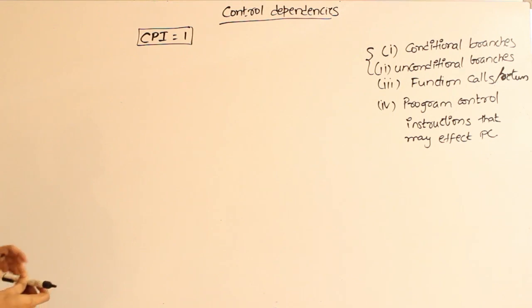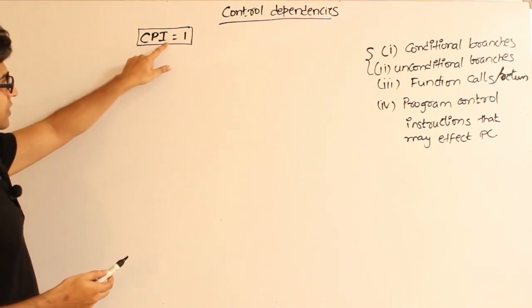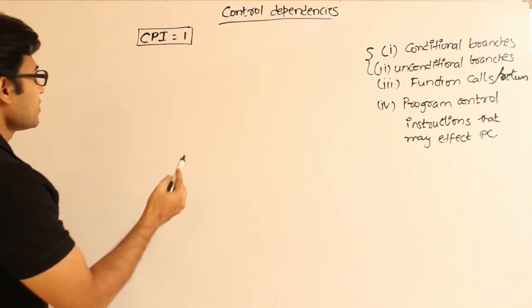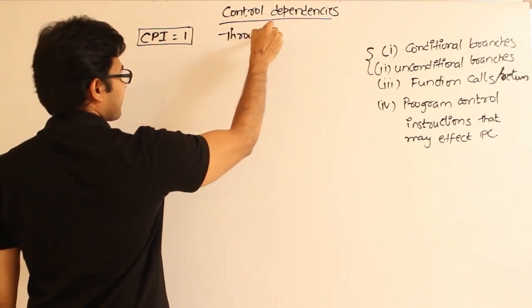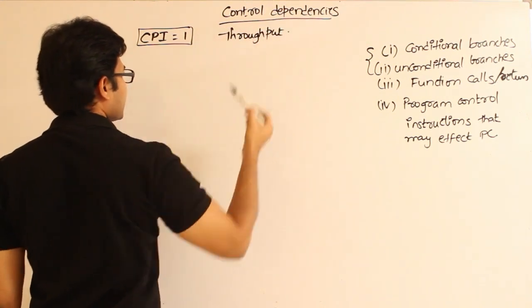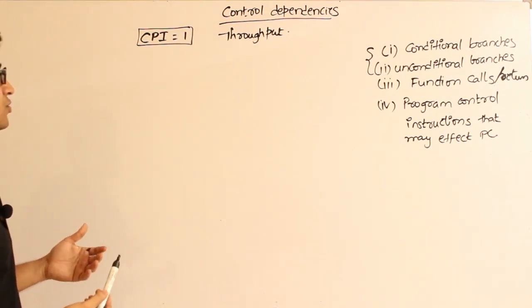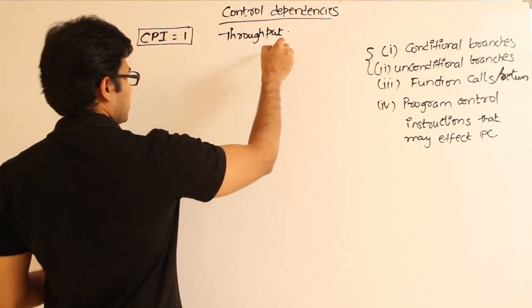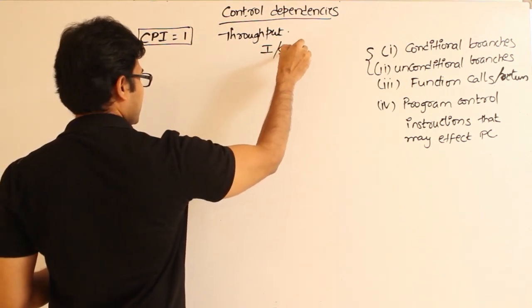One is they might ask what the clocks per instruction is. Sometimes in the options you might even see, even though clocks per instruction is 1, they might ask a different question, like what is the throughput. Throughput, in the case of pipelining, you can consider as the number of instructions executed per second.